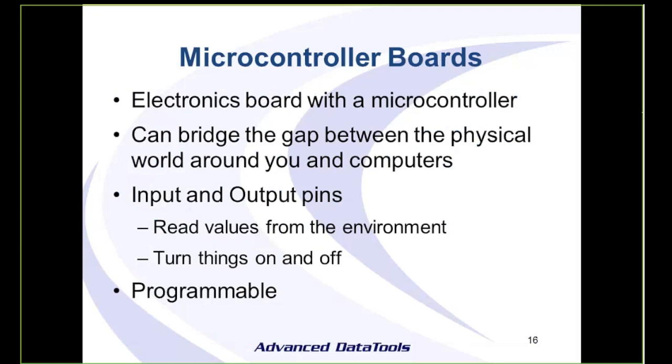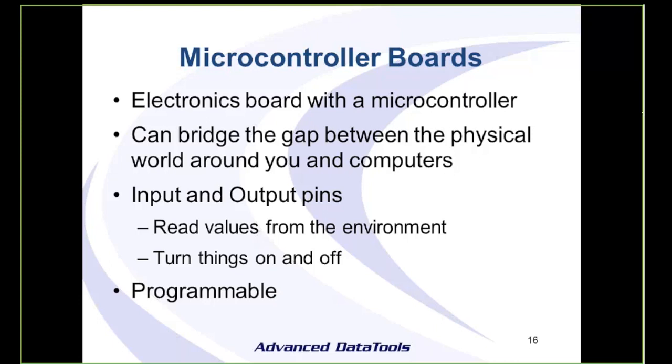A microcontroller is a small electronics board, and how it comes into play here is that you can use it to bridge the gap between the physical world, like the temperature, for example, and computers. You can turn those sensor readings into digital form that you can then save in a database or push out or whatever. And they really benefit from having these input and output pins.